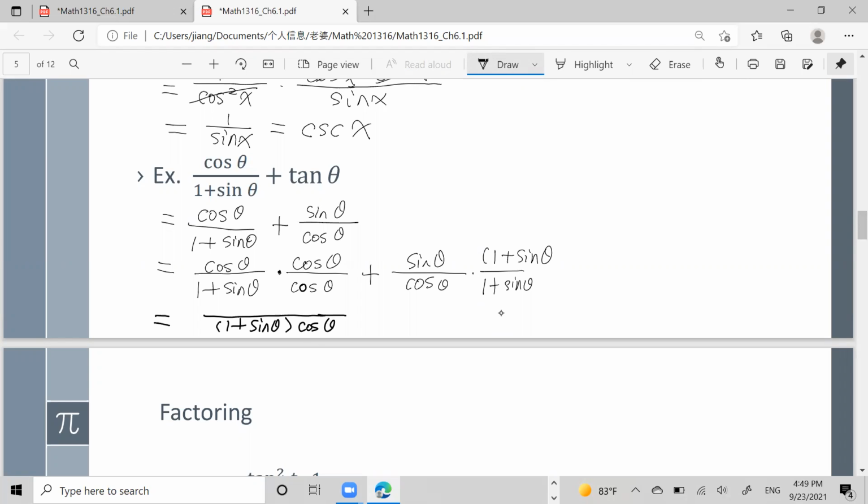The numerator is cosine theta squared plus, putting the 1 plus sine theta first, I can switch the position, sine theta times 1 plus sine theta, all over (1 + sine theta) times cosine theta. Since they have the same denominator, I can add the numerators together.